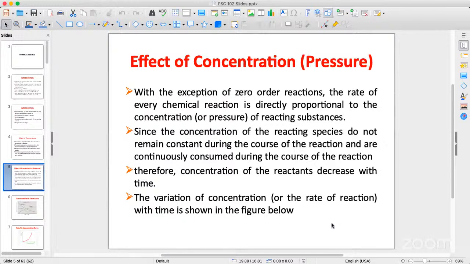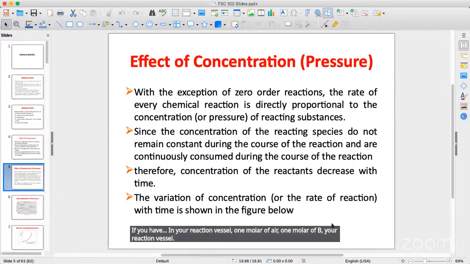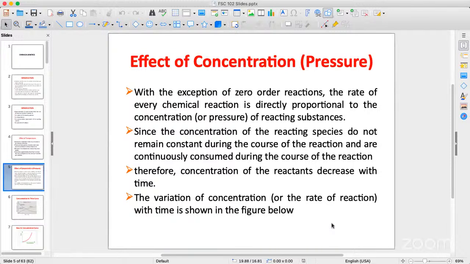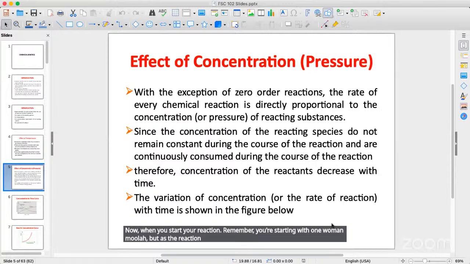Now, the second line on your slide is also very important. If you have 1 molar of A and 1 molar of B in your reaction vessel, when you start your reaction, you're starting with 1 molar, but as the reaction progresses, the concentration is going to reduce.